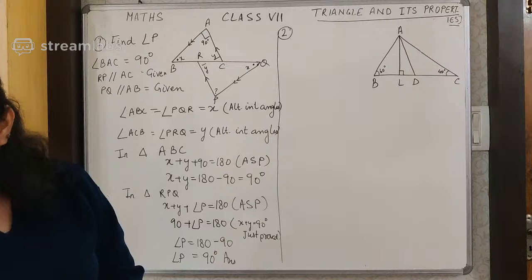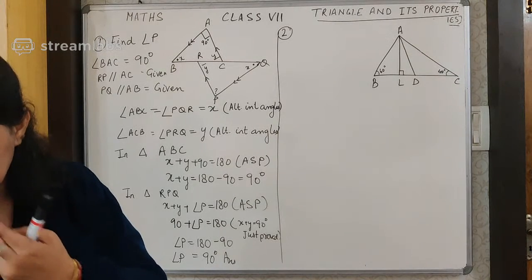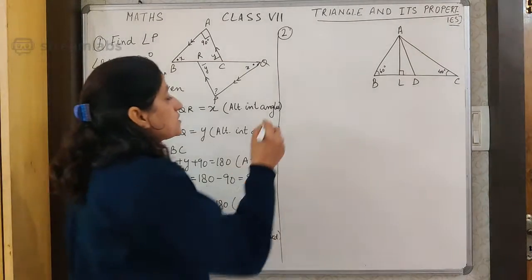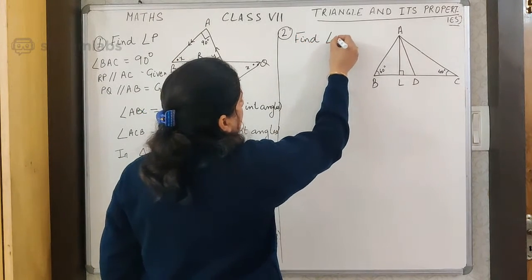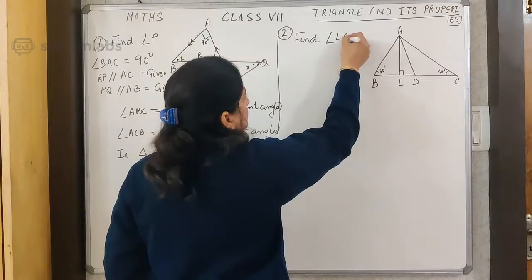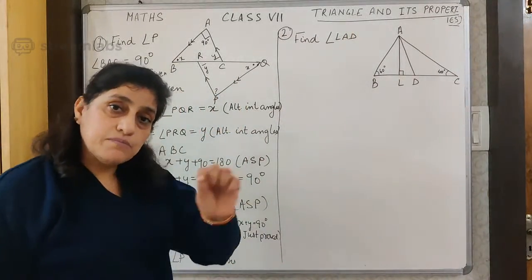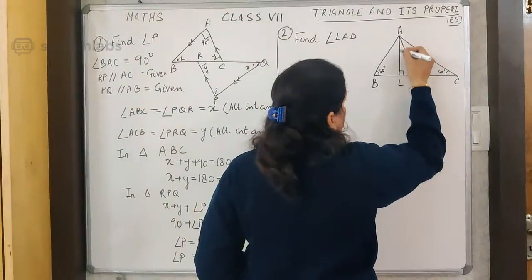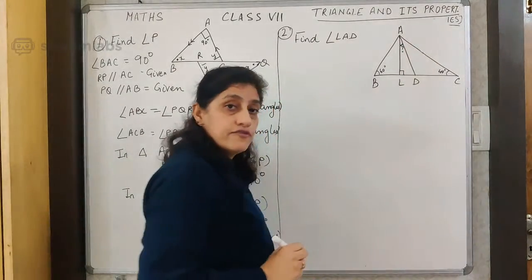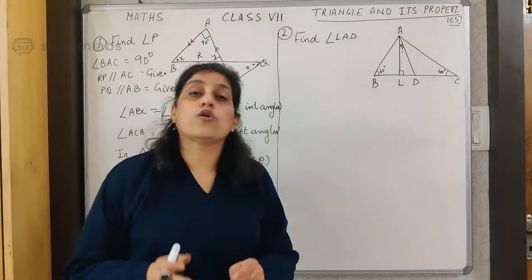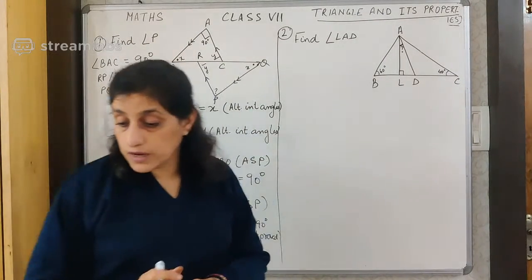AD bisects angle A such that L and D lie on the side BC. And in this question, we have to find which angle? We have to find angle LAD. First, let me mark that angle which I am supposed to find, LAD. This is the angle which we have to find. Now we will record the information which is given to us.